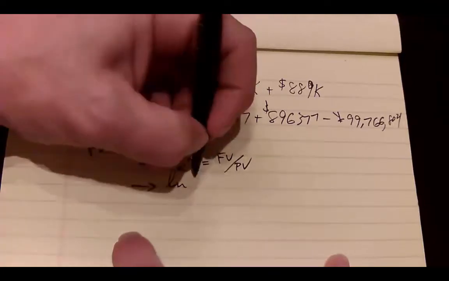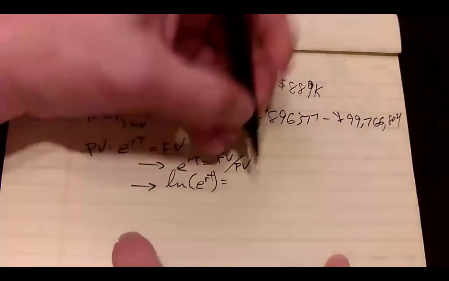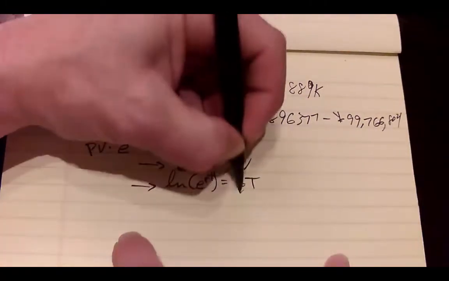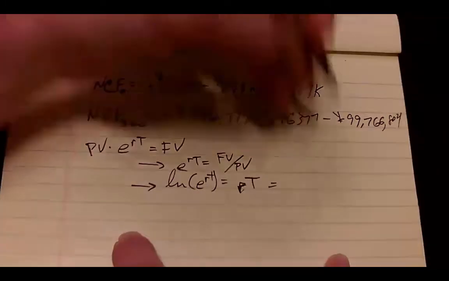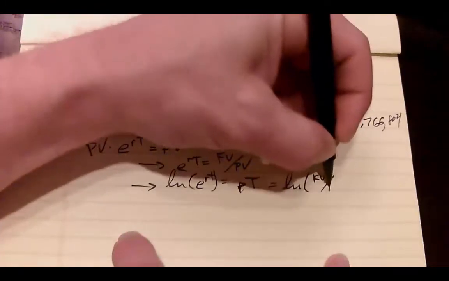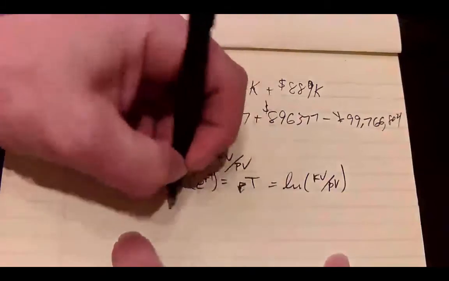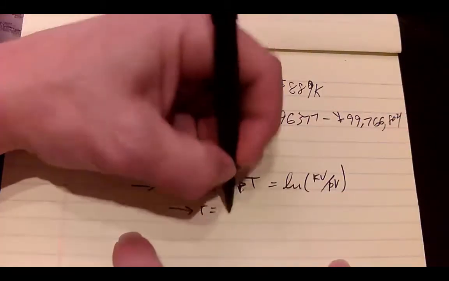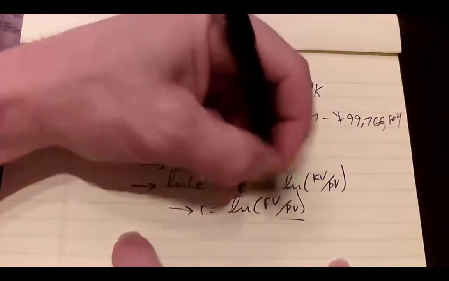So you take the log of e to the RT, which equals RT, of course. It's supposed to be an R. It's our synthetic R. And that's got to be equal. If you're taking the log of both sides, then on the right-hand side you'd have log of future value over present value. And finally, getting the t out of there, we divide both sides by t, so R equals the natural log of future value over present value divided by t.